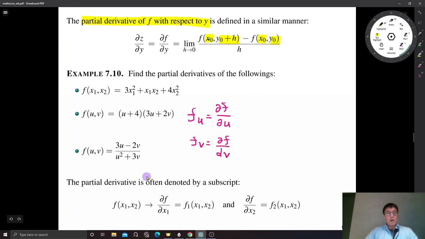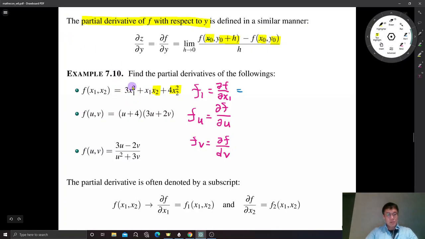All right, the way to compute the partial derivative is a piece of cake. Let me compute f sub 1 in the first example. For the partial derivative with respect to x1, we regard x2 as a constant. This one is a constant, this one is a constant. Only x1 is a variable. Then we just borrow the same differentiation rules we studied in the previous lecture.